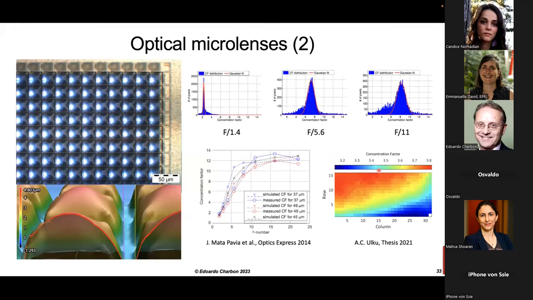And here you can see the gain of fill factor that is achieved by micro lenses, depending, of course, on the F number of the lens that you can put in front of it. Of course, the larger the F number, the better the concentration factor.